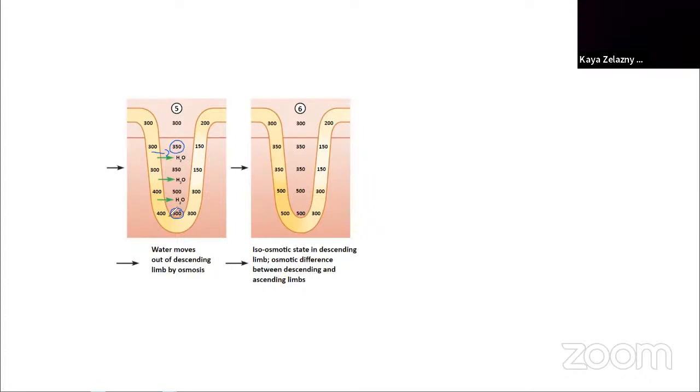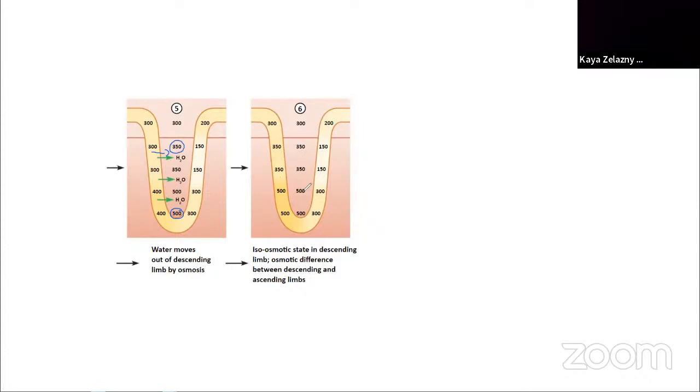But at the deeper limits, we have less water able to move. And also we need basically more of a buildup of solutes in order for any water to move. So this is starting to set up that gradient because we have more water moving higher up in the medulla, a little bit less water moving deeper into the medulla.